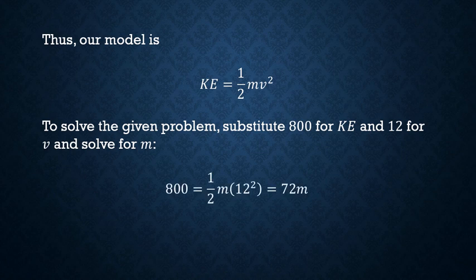So 800 is 1/2 times the mass times 12 squared. 12 squared is 144. So 144 times 1/2 is 72. That's where we get our 72m. To solve for m, divide both sides by 72, and we get 800 over 72, or 100 over 9, or 11.111 repeating kilograms.